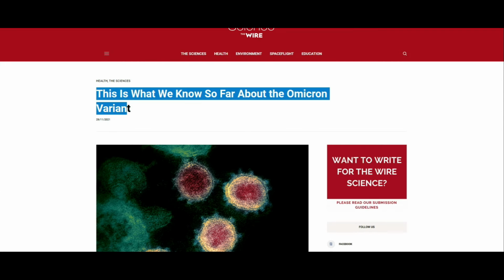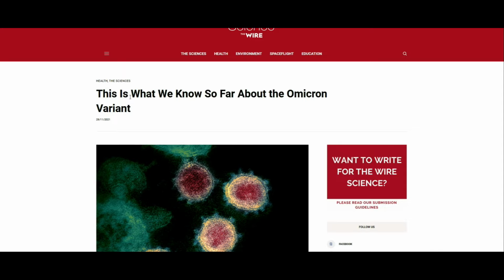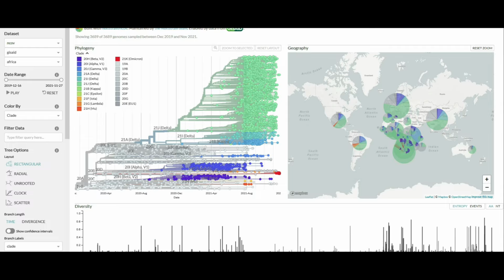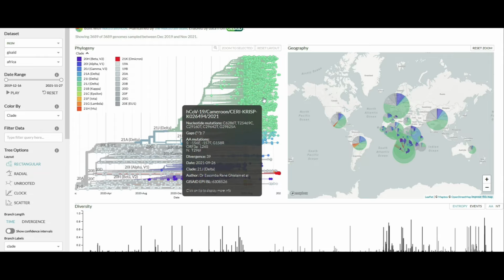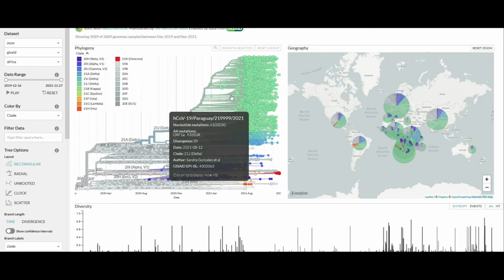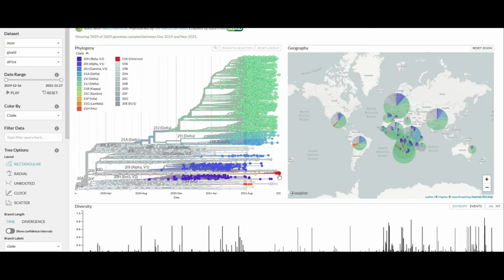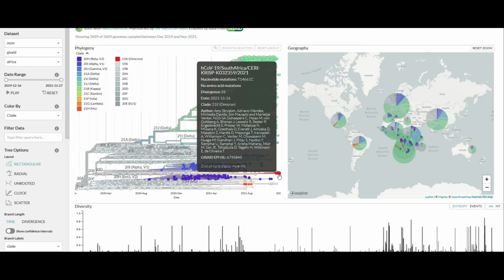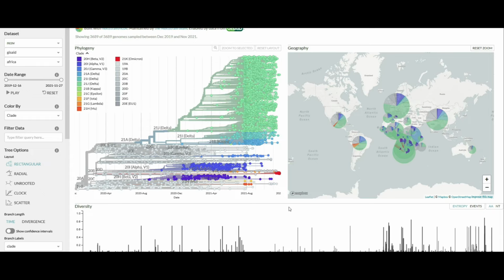This article is one that I'm going to be relying heavily on, but I'll get more into that in a little bit. What I wanted to look at here is the phylogenetic tree on this website. Once again, it'll be linked in the description down below. We see here in green all the sequences for the Delta variant, and down here in red is the Omicron variant.